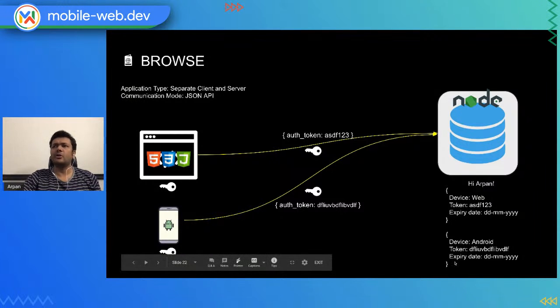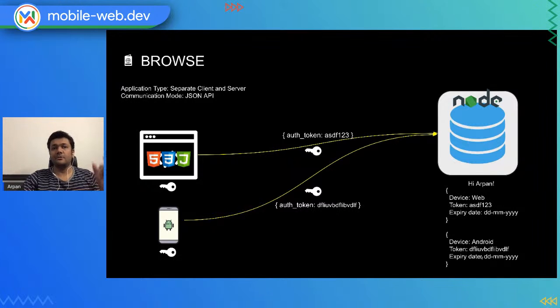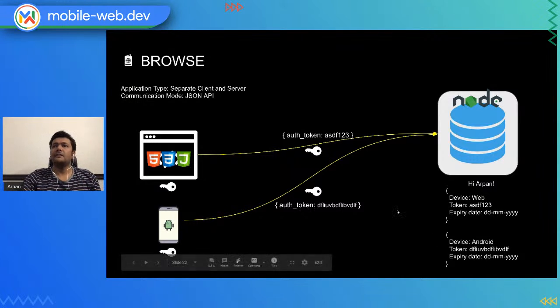For example, this was a MongoDB database, so it will get stored like this. From web, Arpan has signed in using this token with this expiry date. And from Android, Arpan has signed in using this token with this expiry date. So it will go to the database, it will match, it will find, okay, Arpan is making this request. Let him make this request. Fine. All right.